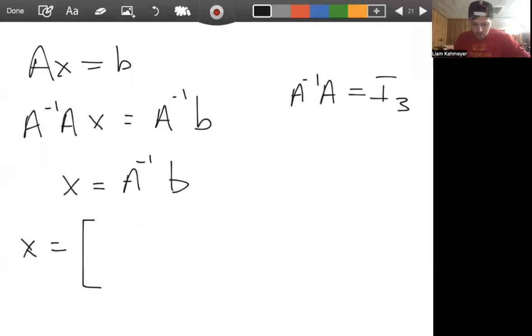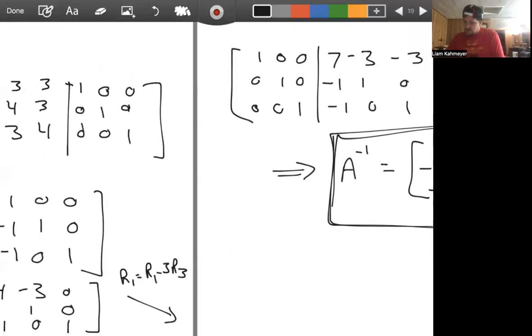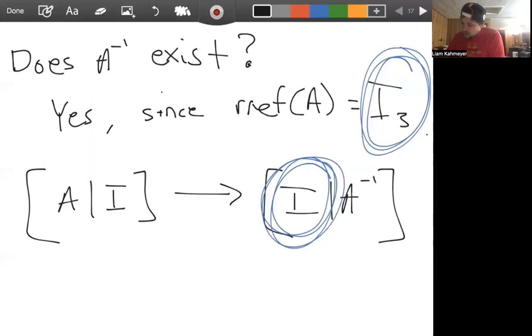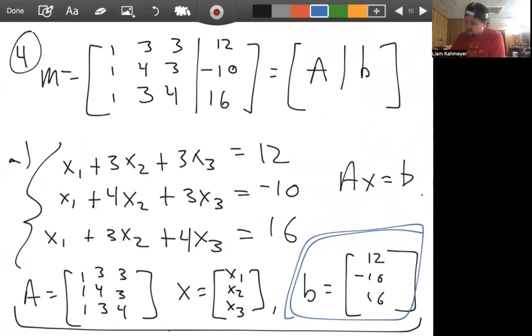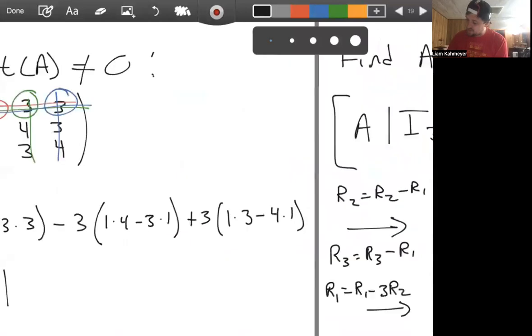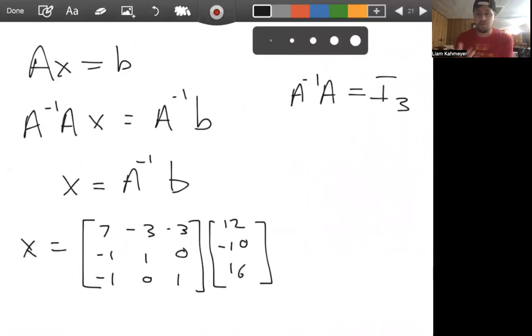And now we can find X by taking the product, A inverse B, which is 7, -3, -3, -1, 1, 0, -1, 0, 1, and then times B, which was 12, -10, 16 here. If you'll come all the way back to the system that we looked at, right? B was 12, -10, 16, and that came from the system of equations that we were looking at in the first place. And so now to solve this system, all you have to do is take this product, right?